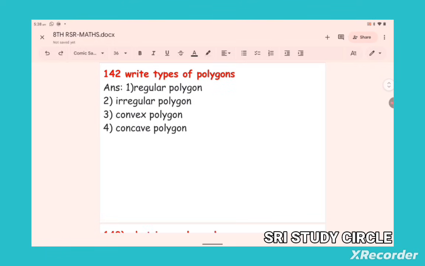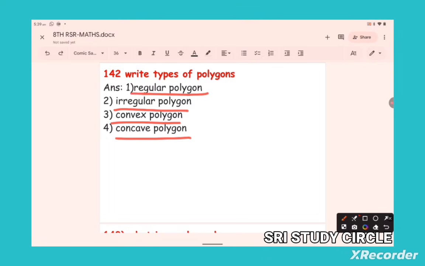Types of polygons. We have four types: regular polygons, irregular polygons, convex polygons, concave polygons.